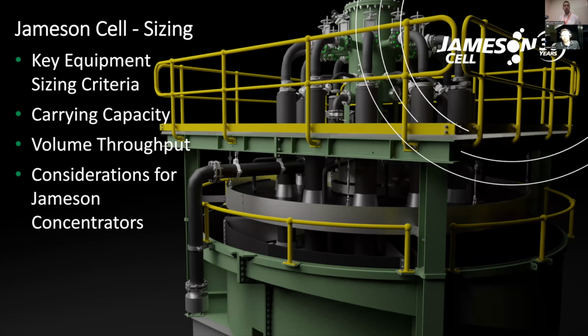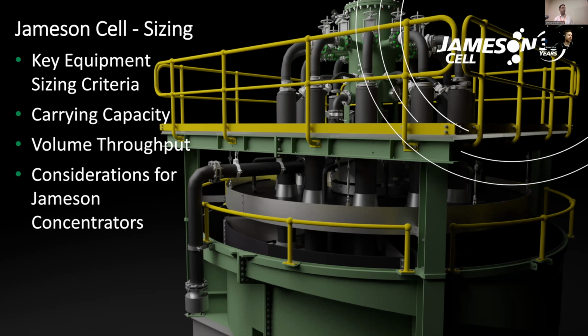So now I'll move into having a look at equipment sizing. In some ways, it's a good section to transfer into after talking about kinetics and residence time through Jameson cells, because this section will look at what becomes our key criteria when we're sizing the cells, and what are the main things that become important for making sure we have the right cell selected for individual duties as well as circuits.